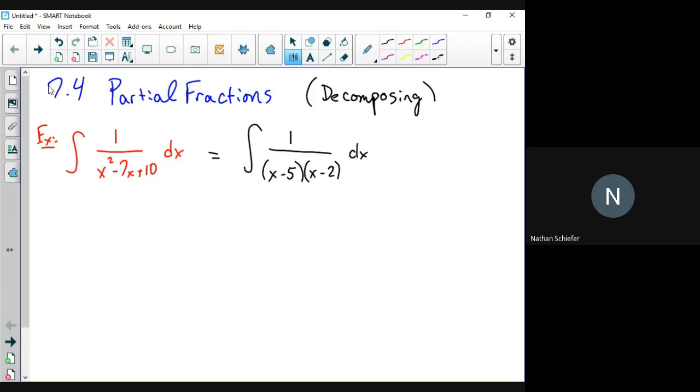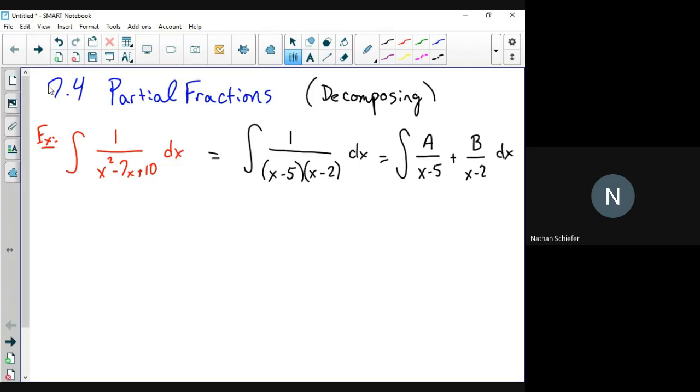So definitely we have two factors in the denominator that are there, and we can create that, and that will allow us to see that really what I have here is an integral of something, which I'm going to call A, over an x minus 5, plus something over an x minus 2.